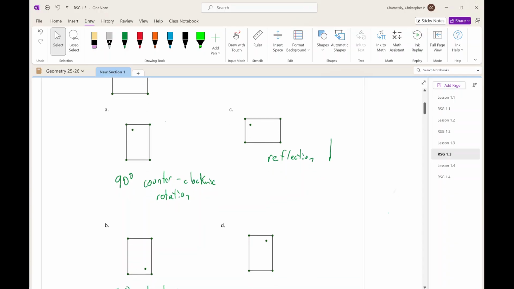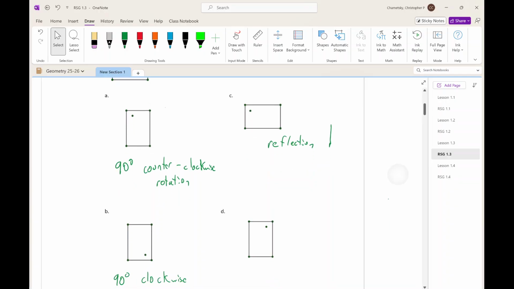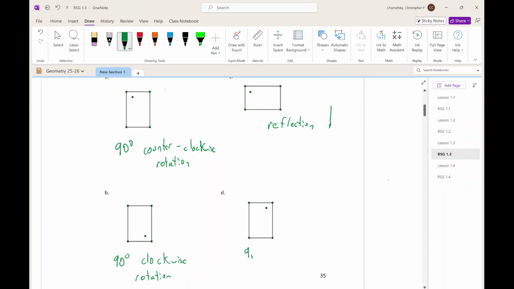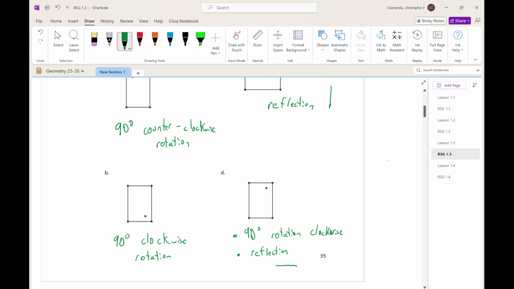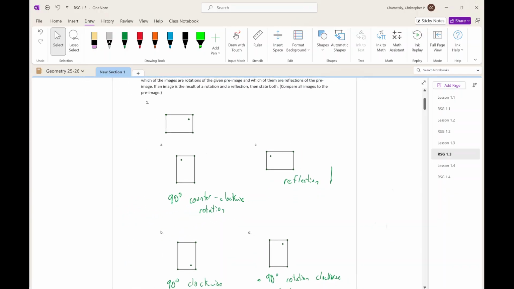I'm going to do a rotation first, a 90-degree clockwise rotation, and then a reflection over a horizontal line. And that is question number 1.